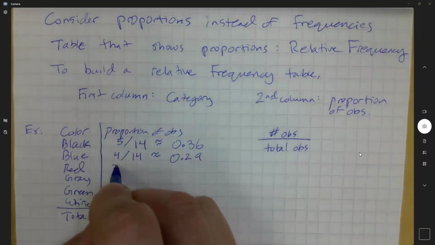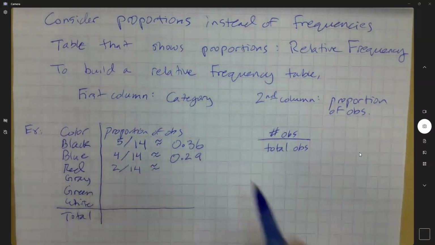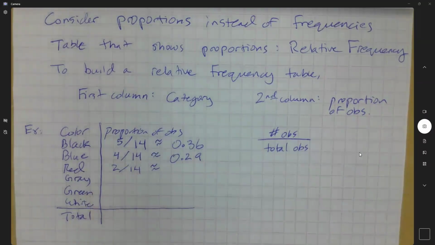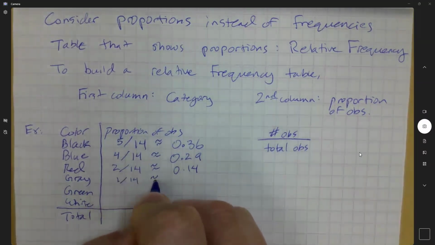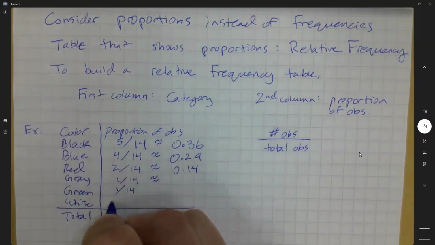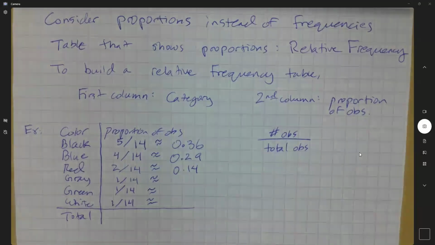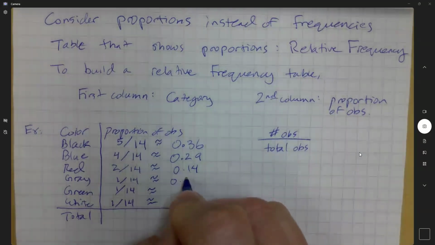Then we had 2/14, and that's about, I should know these, but I'm tired, 0.14, and then 1/14 for each of the rest. 0.07.